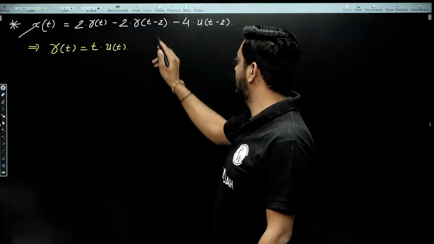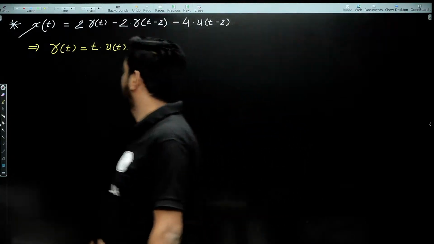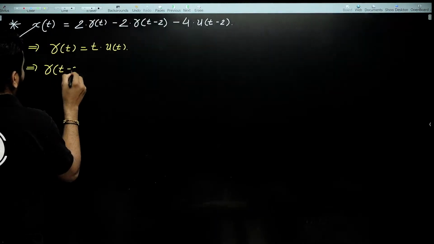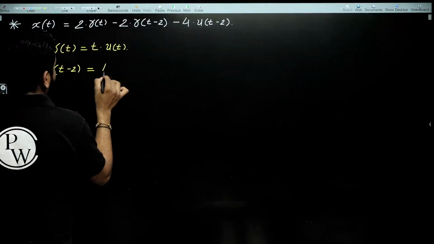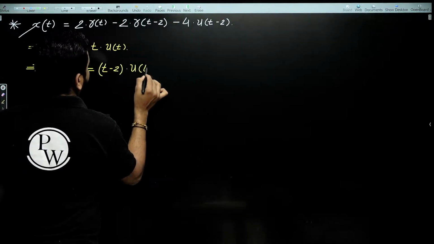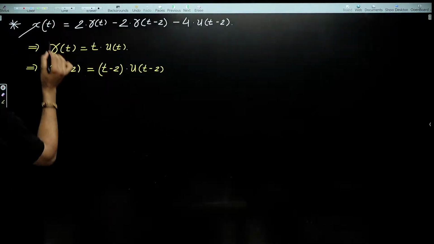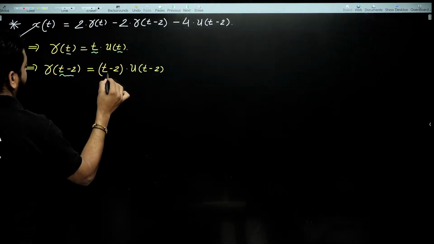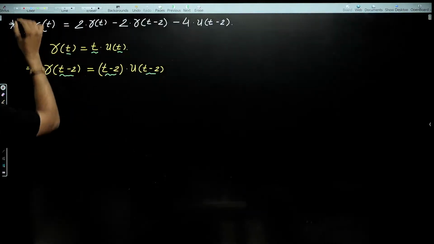Similarly, you can replace r of t minus 2 with t minus 2 into u of t minus 2. The t becomes t minus 2 here, here also t minus 2. On the left-hand side t becomes t minus 2, and on the right-hand side also everywhere it becomes t minus 2.